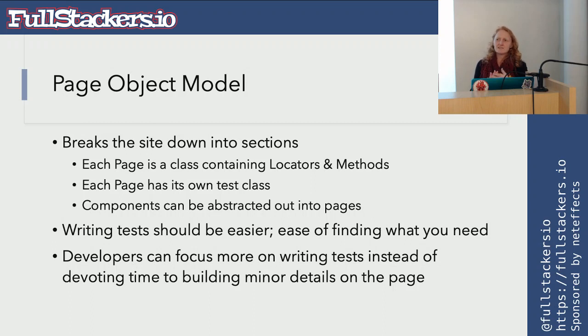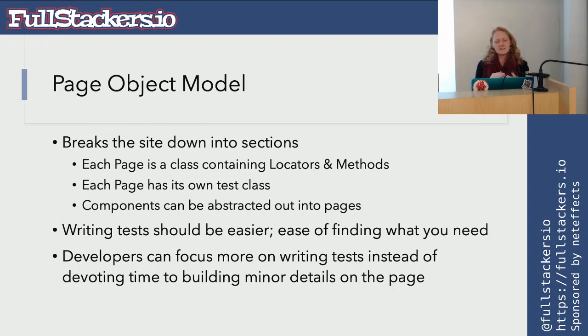So basically each web page in your application would be its own class, or each component, whatever you want to break down, would be its own class. So each page or component would each have its own test class. And then, like I said, components can be abstracted out into pages.